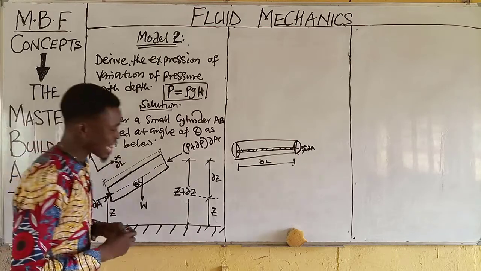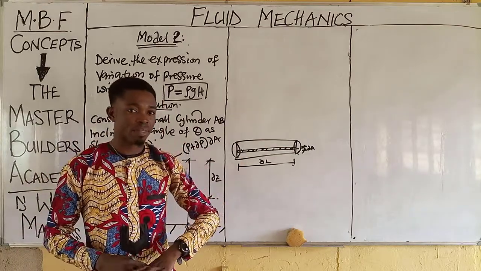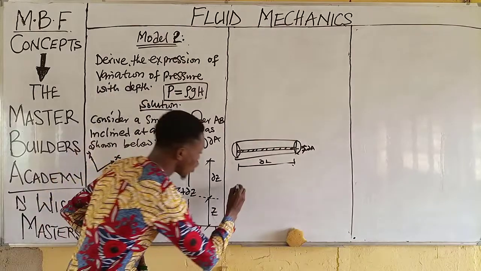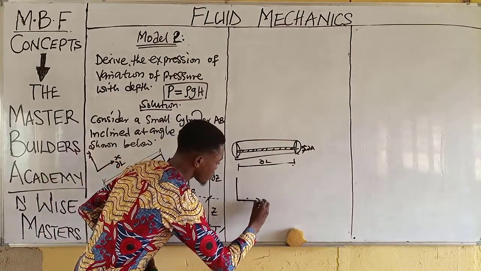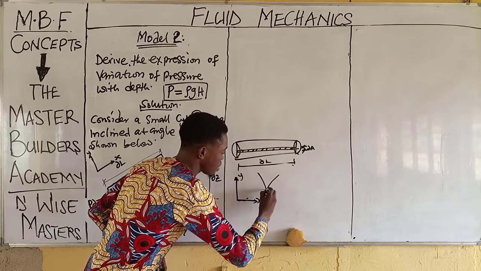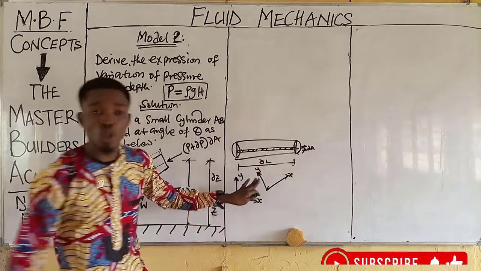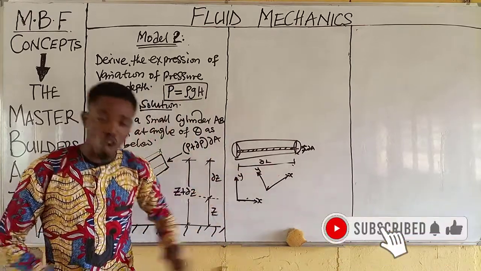Generally in science, we have what we call global coordinate and local coordinate. Are you there? This is global coordinate, but when you have something like this, it is local coordinate. So I want to use local coordinate to resolve this system.